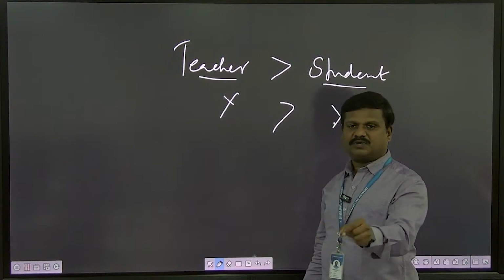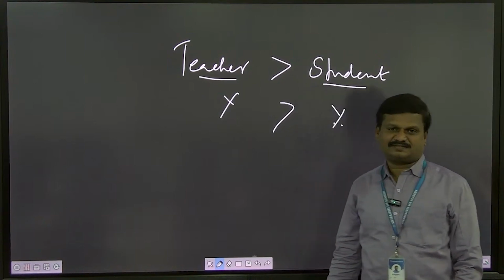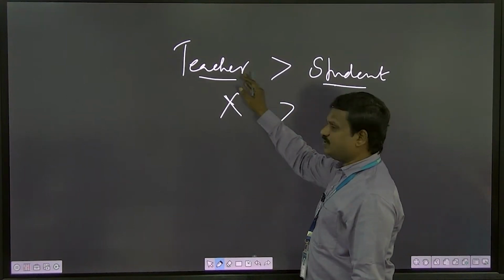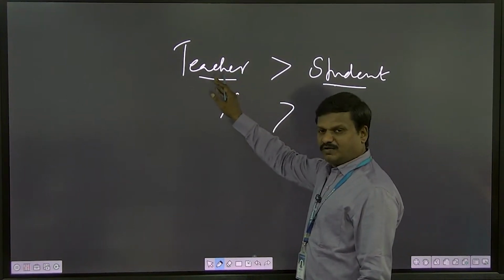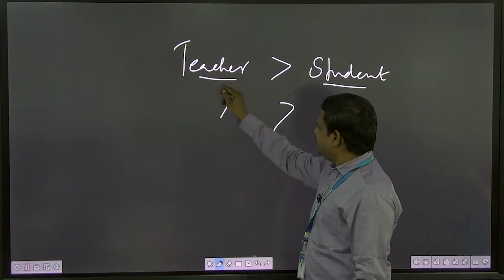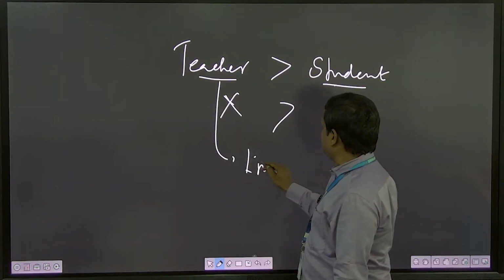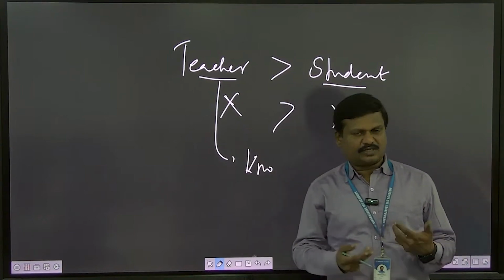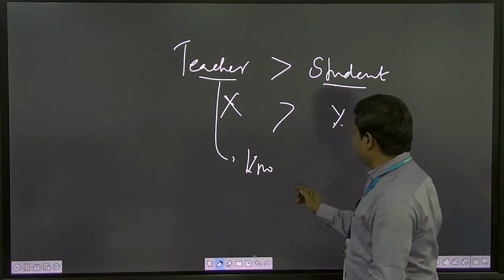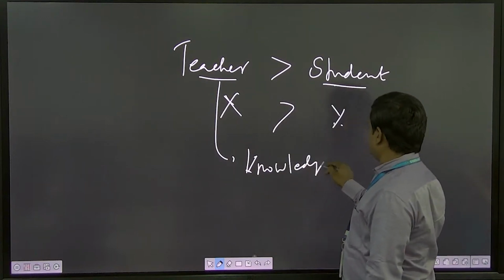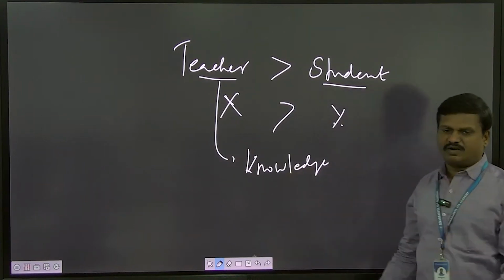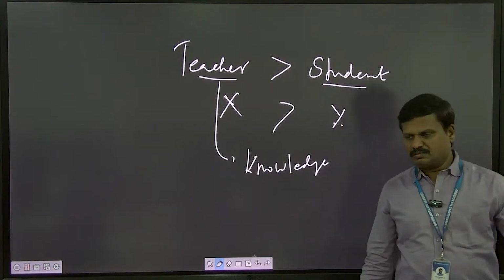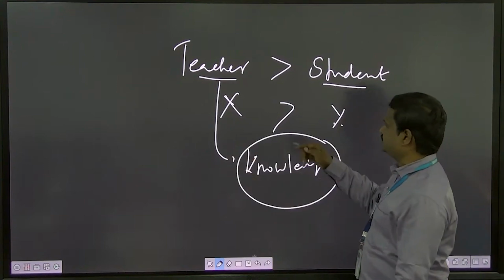Because he is being compelled by X. So in this case, why will the student have to follow the command of the teacher? The reason is that the teacher has more knowledge than the student. So you know more. That is why I have to do whatever you say, even though I don't like what you say. Knowledge is the basis of power. The teacher has so much knowledge, which is why the student does it even though he is not liking to do it. So the source of power comes from knowledge.